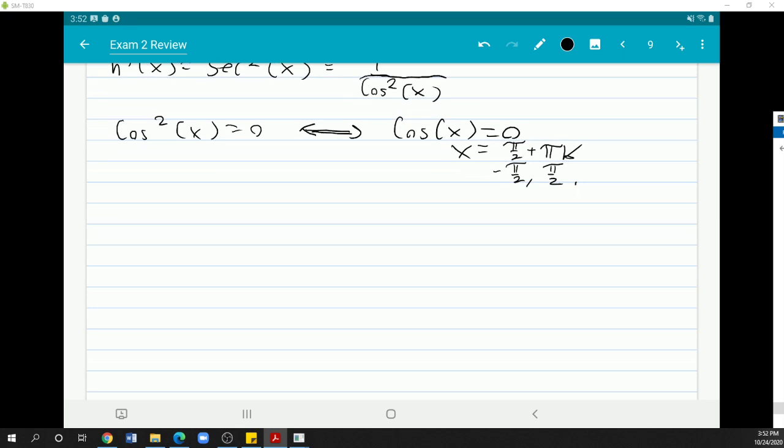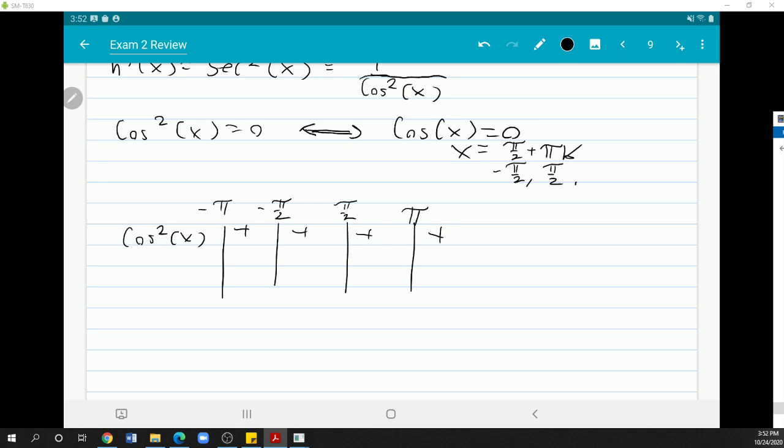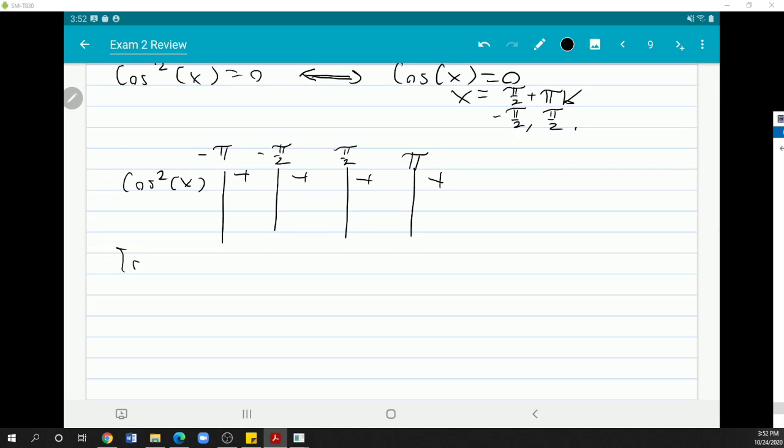But we're actually going to see this when we do our sign chart, because I have cosine of x squared for h prime. If I go minus pi, minus pi over 2, pi over 2 to pi, well, this thing is a square, so I always get a positive number. So tan of x is always increasing.